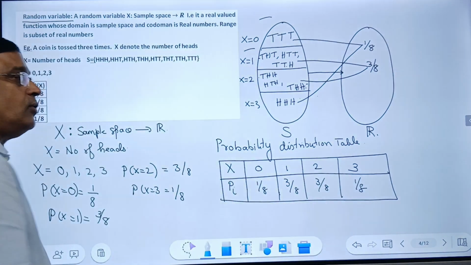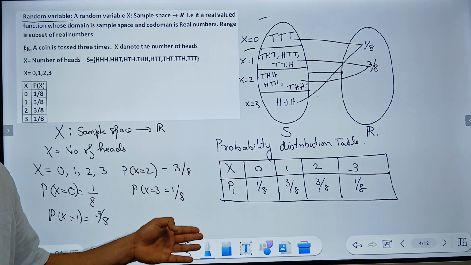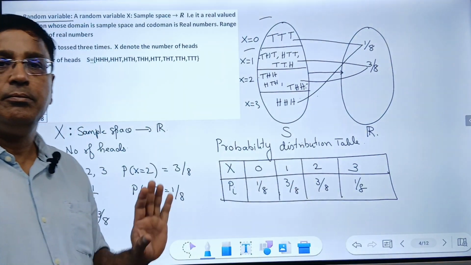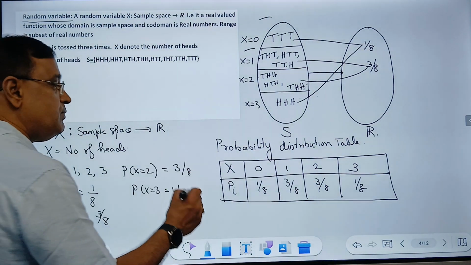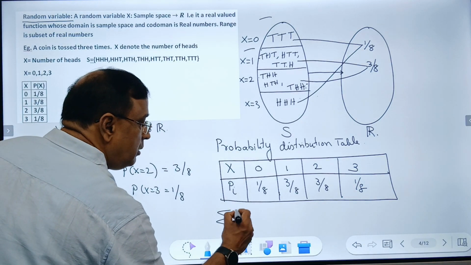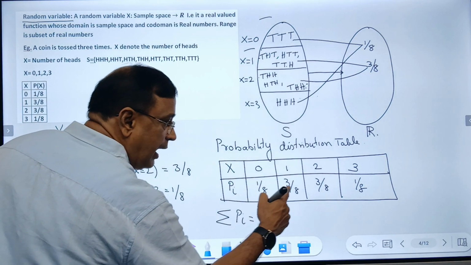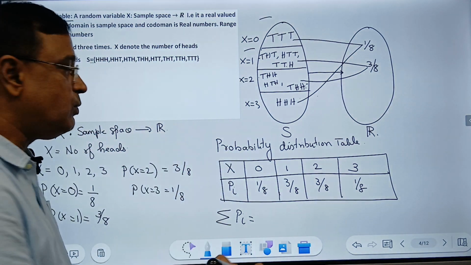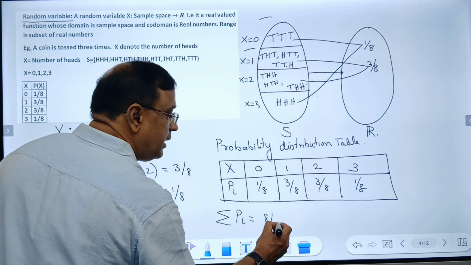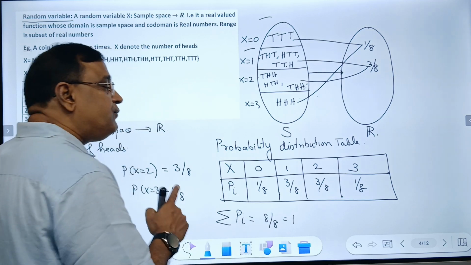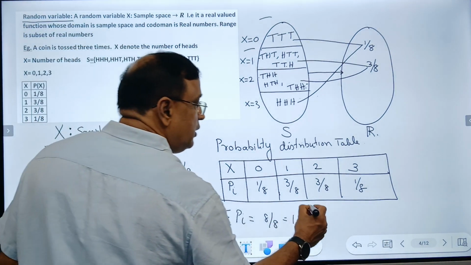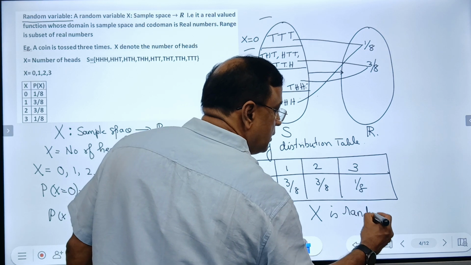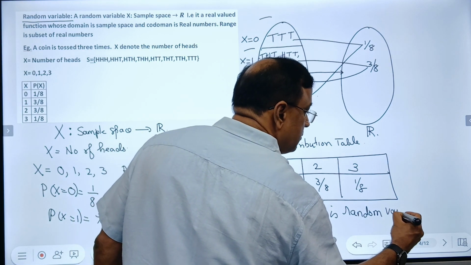This table is called probability distribution table. You are distributing the probability in a tabular form. Now, if you notice very carefully, your total probability, sigma pi, if you add all of them, 1 by 8 plus 3 by 8 plus 3 by 8 plus 1 by 8 will be 8 by 8, which is 1. If sigma pi is 1, then you can confirm that x is a random variable.